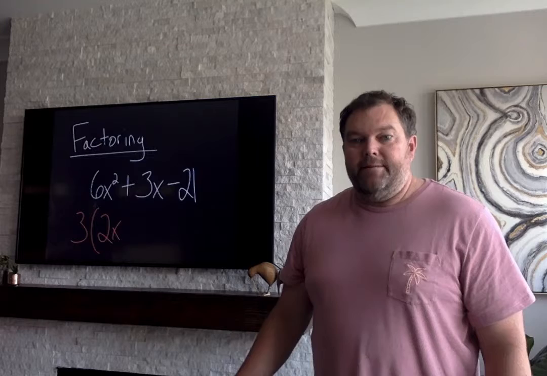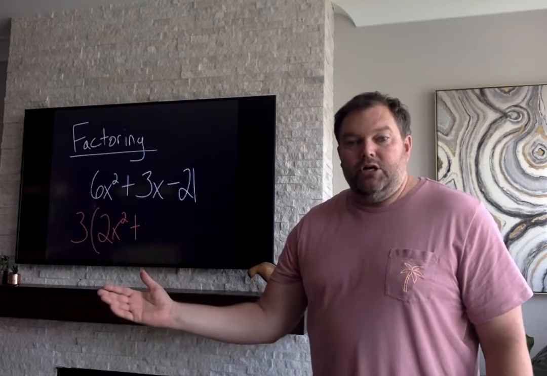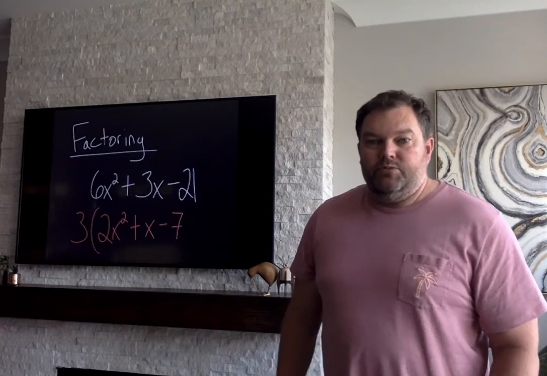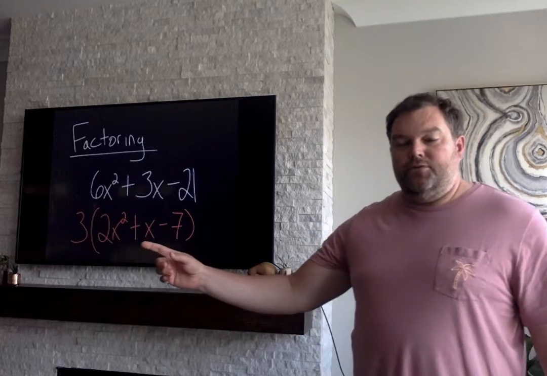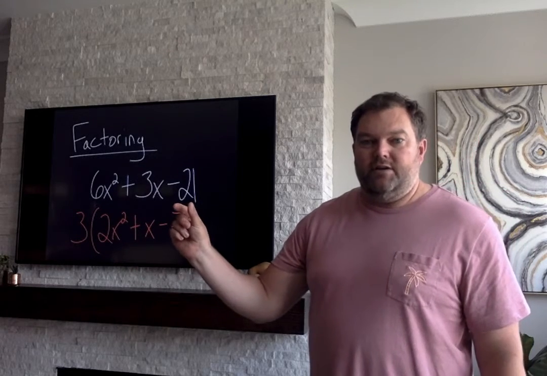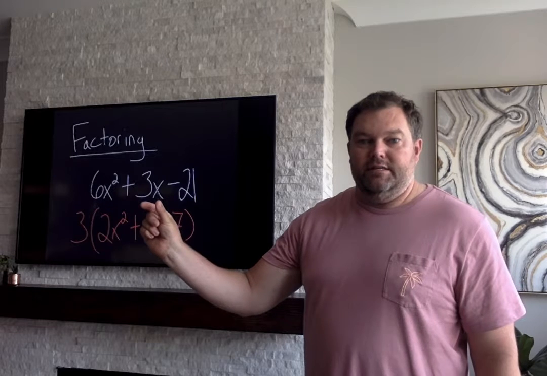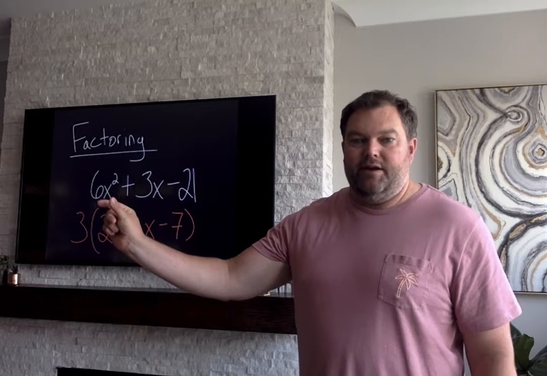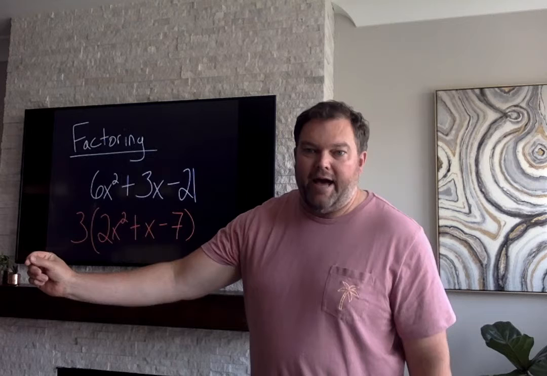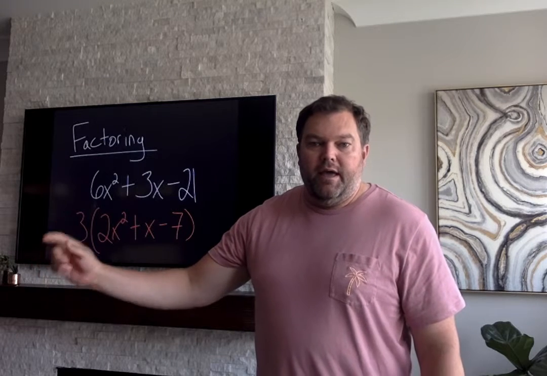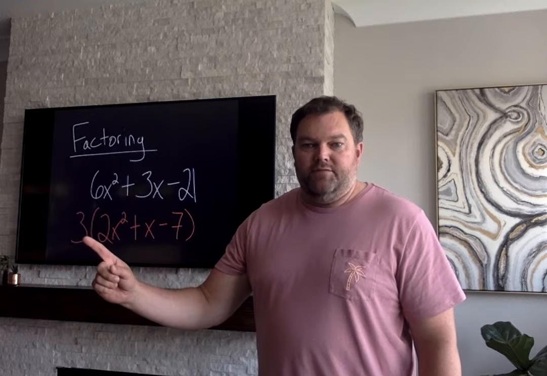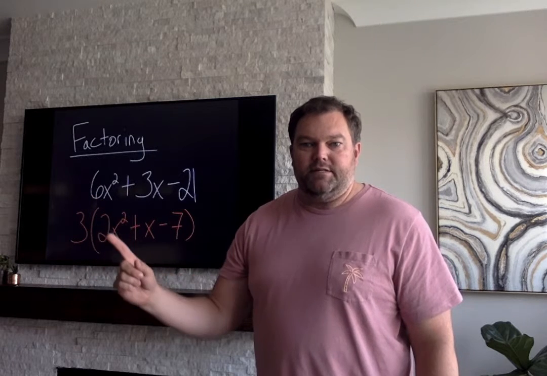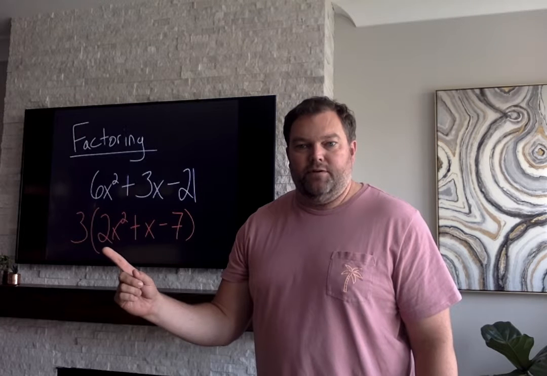Now, when I do that, I would have to make it look like what a problem started as last unit. So if you think about it, what I've done is I've said, okay, this can be divided by 3, this can be divided by 3, and this can be divided by 3. So I'm going to pull out a 3 and then put a parentheses after it, meaning that we have divided out a 3, and if I divided 3 out of 6, 2 would be left over.